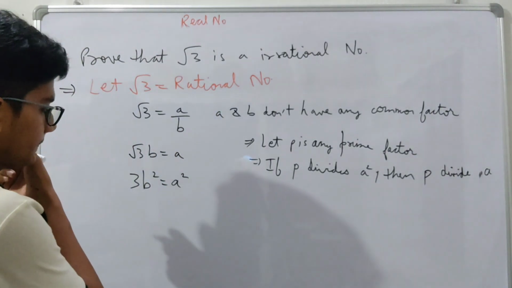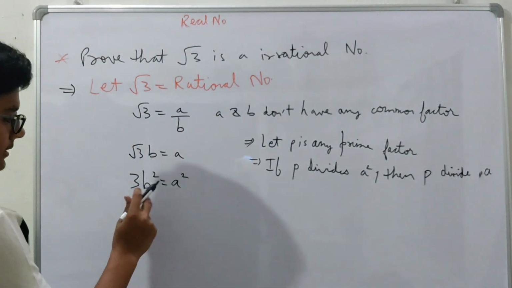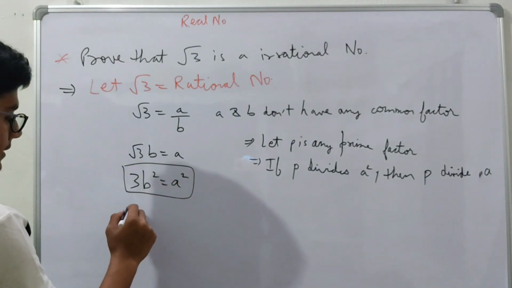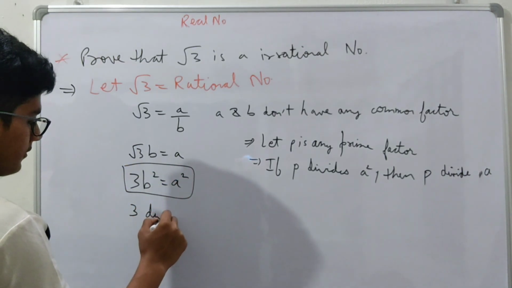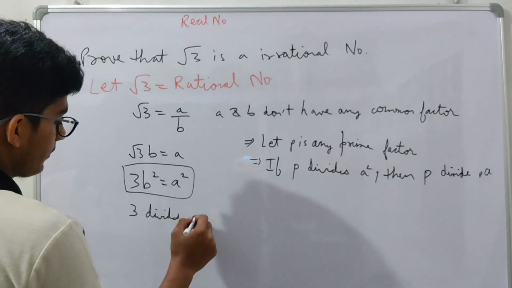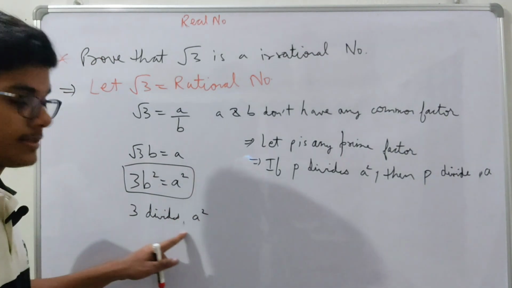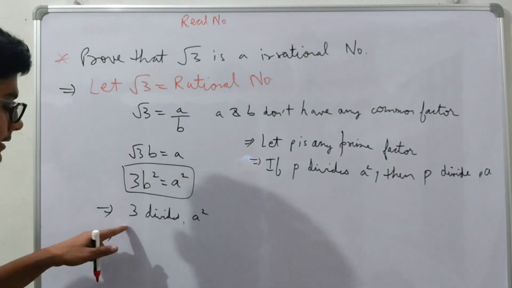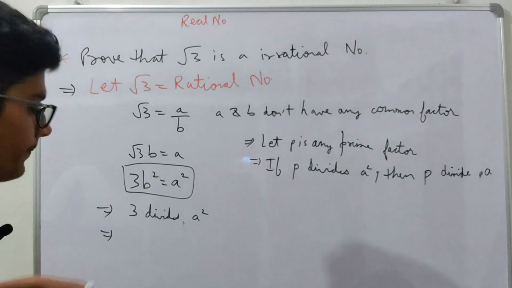So here you can see, by this equation 3b square equal to a square, it means that 3 divides a square. You clearly see that 3 divides a square, and 3 is a prime factor.